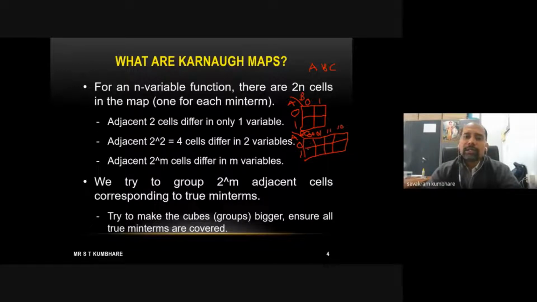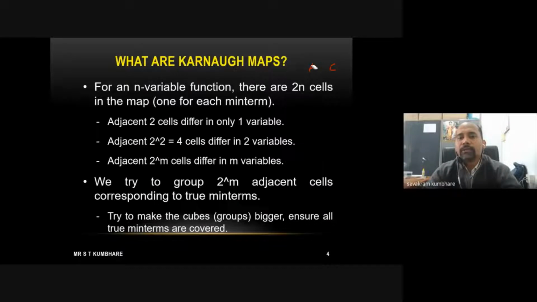So 8 cells are there. You have to keep this formula in mind: for n variable functions you can have 2^n cells. If you have 2 variables, there will be 4 cells. If you have 3 variables, there will be 8 cells, and so on.